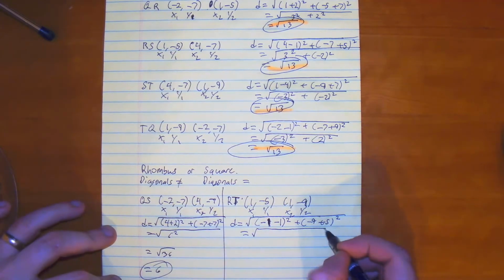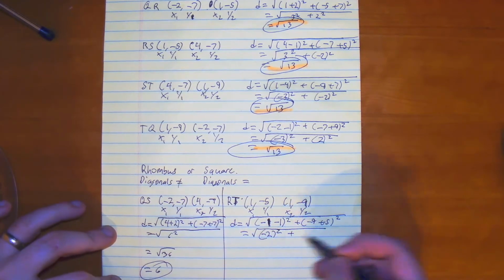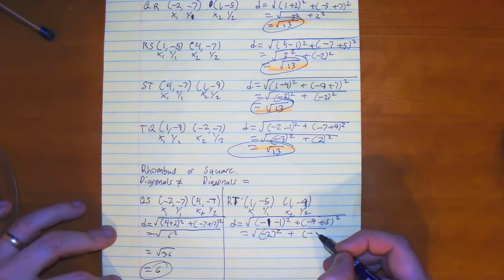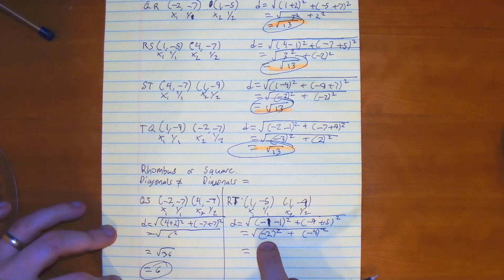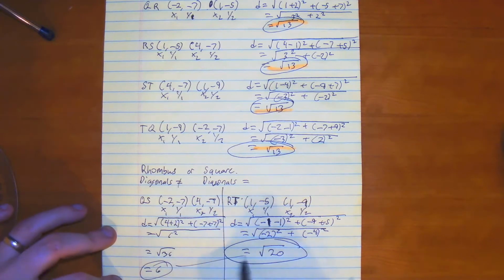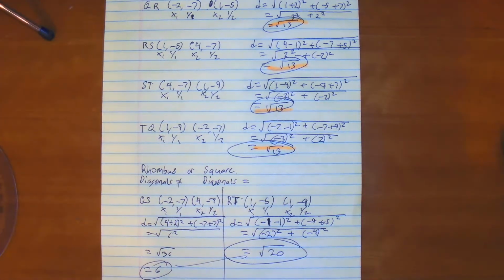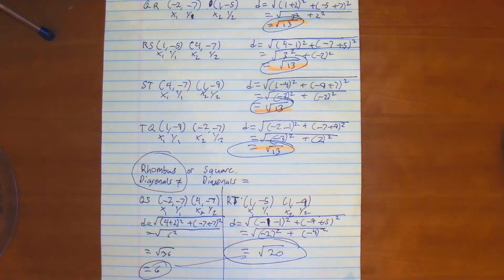Oops, the points are T and R, so -1 minus 1 would be -2 squared plus -9 plus 5 gives us -4 squared, which is 4 plus 16, giving us square root 20. As you can see, these are two different answers. They're not the same, therefore we have ourselves a rhombus. Alright, and that is our number 2 from the homework.